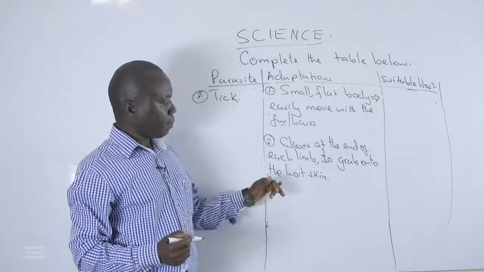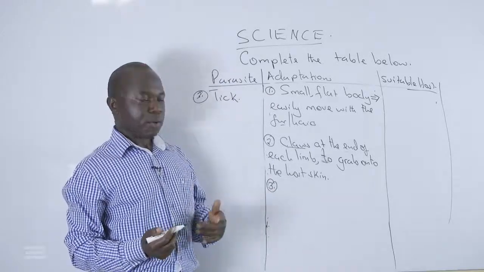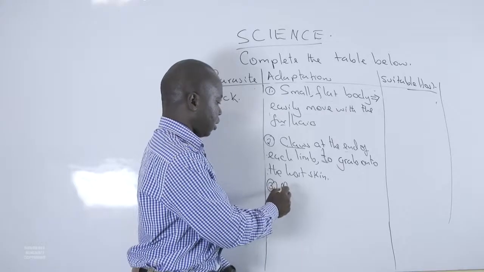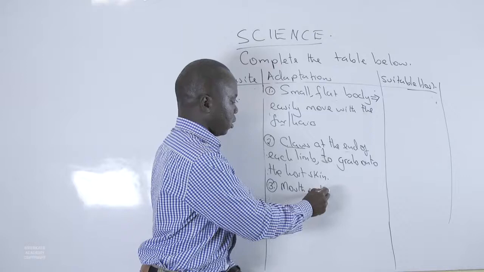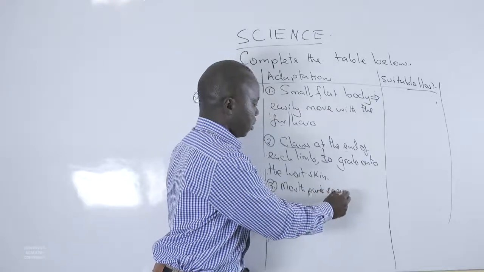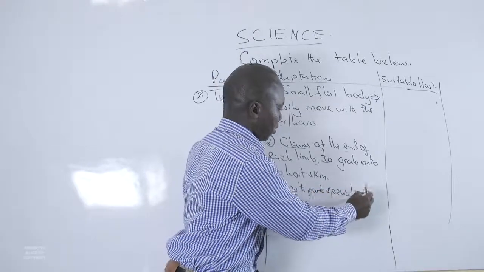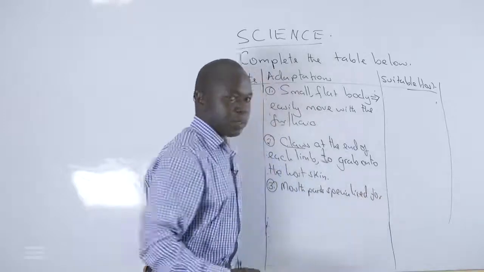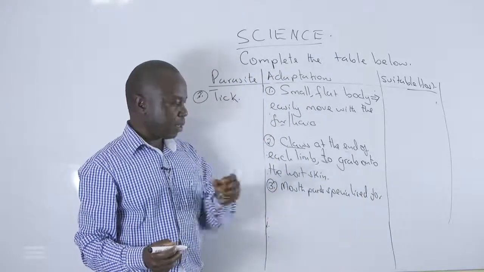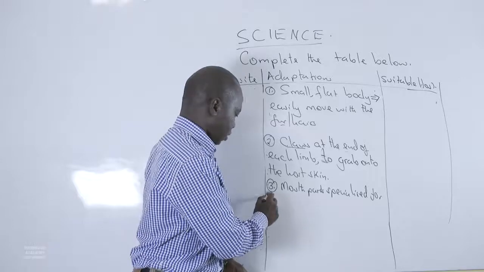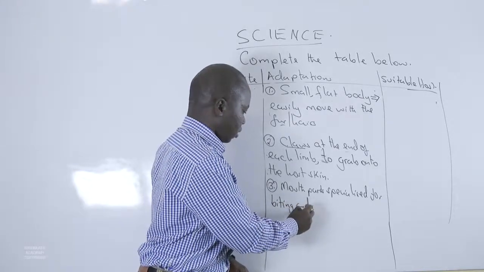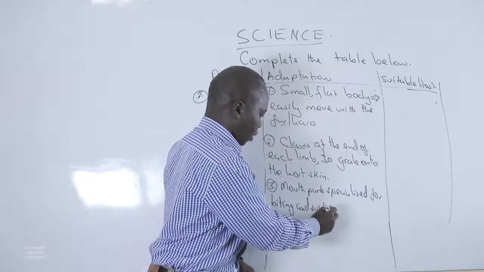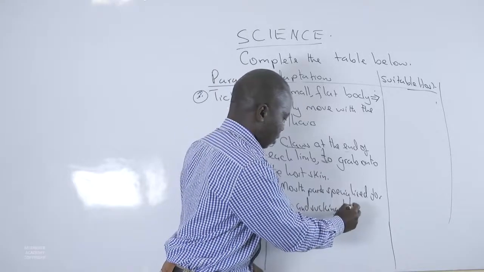Again, it is about the feeding, the mouth parts. It has mouth parts specialized for biting and sucking blood.